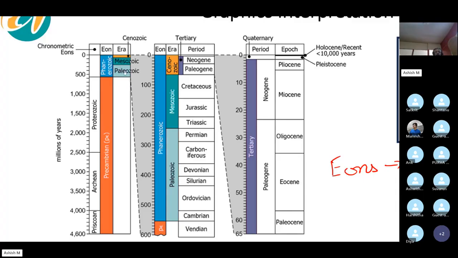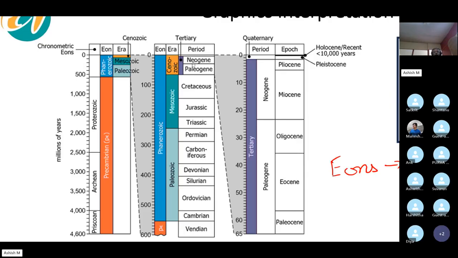First one is Paleozoic. Now notice Paleozoic is over here, Mesozoic is over here, and then notice there is a color combination also. So Cenozoic is over here. Now Cenozoic era itself has various periods. Basically Paleogene and Neogene.